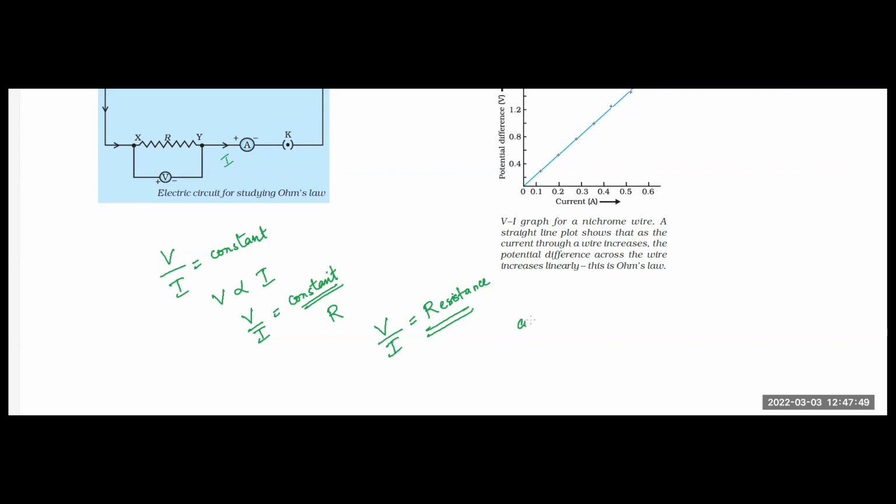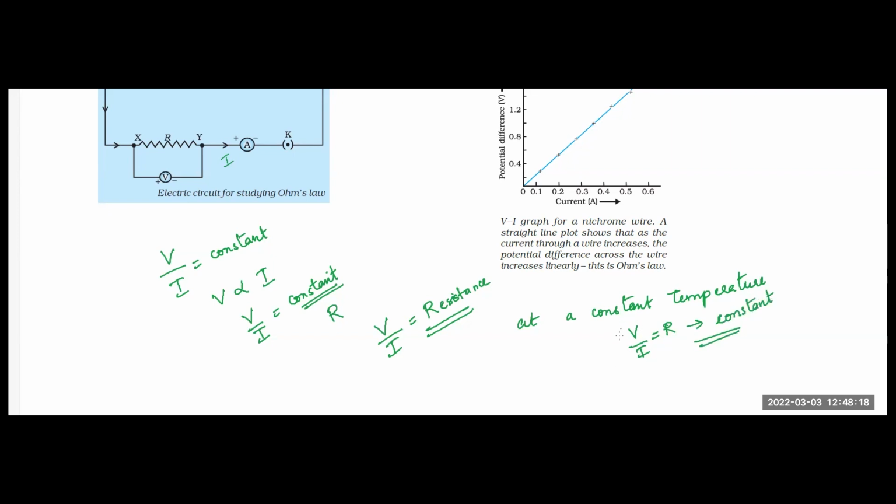Otherwise, at a constant temperature, V by I is equal to R, and this R remains constant.